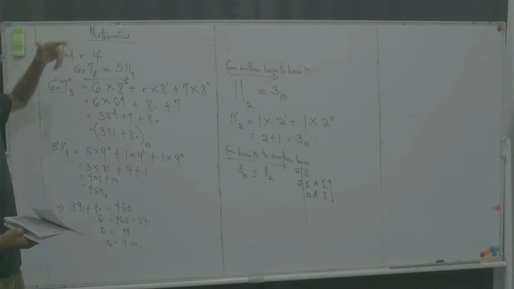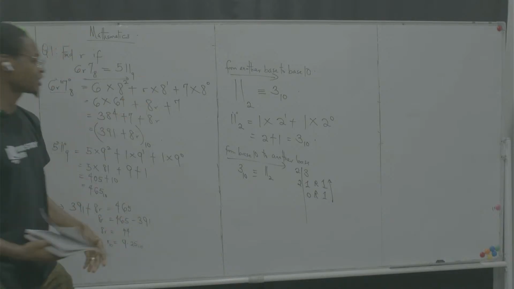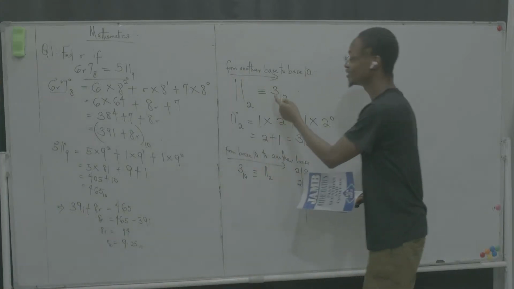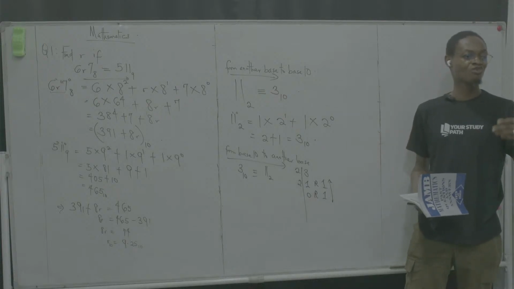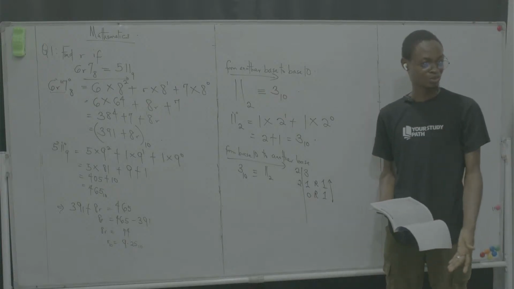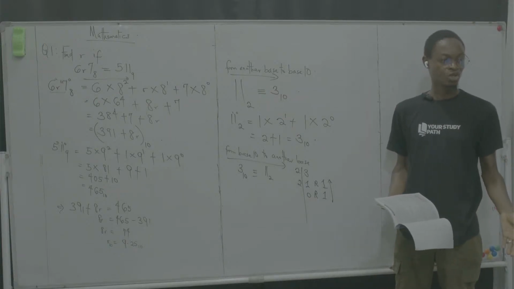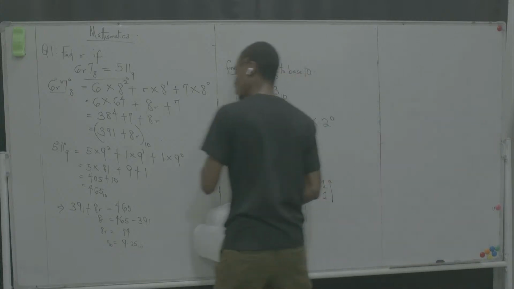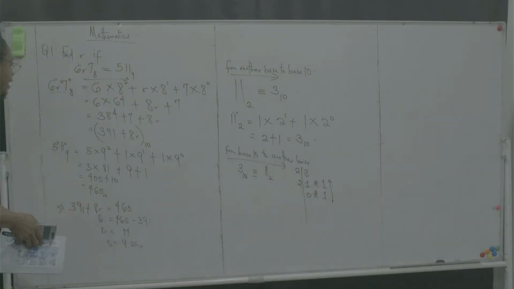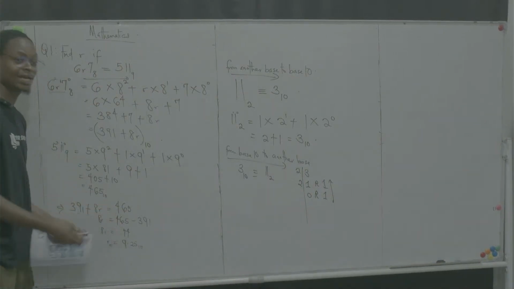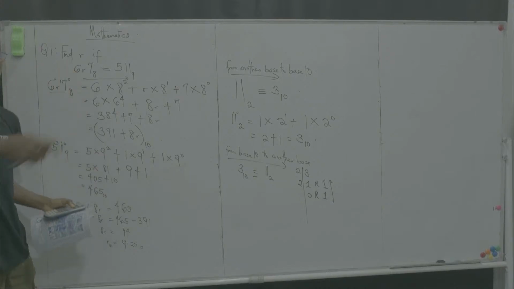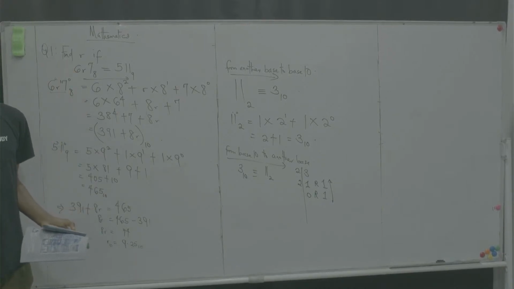Now, because you know that those values are equivalent values. For instance, if I have 3 in base 10, it's equivalent to having 1, 1 in base 2. It's still the same thing. So at the end of the day, whether I utilize r in base 10 or I utilize r in base 8 or I even use it in base 9, are we together?